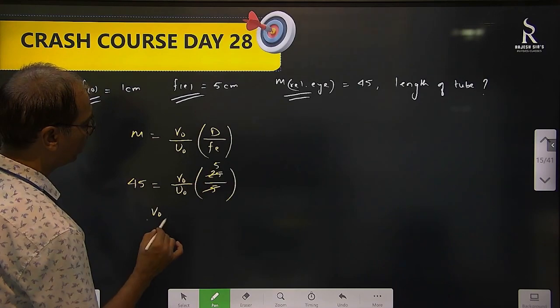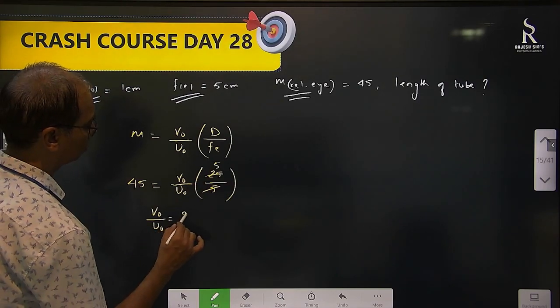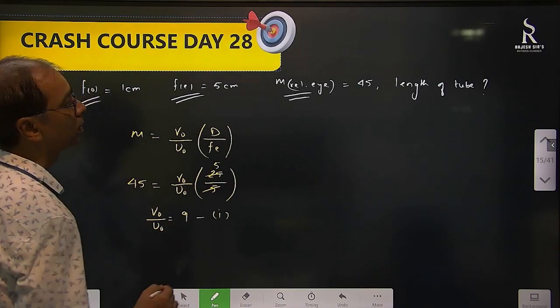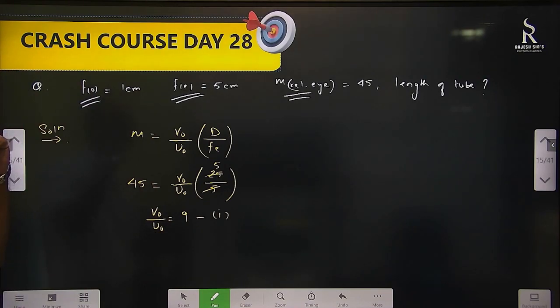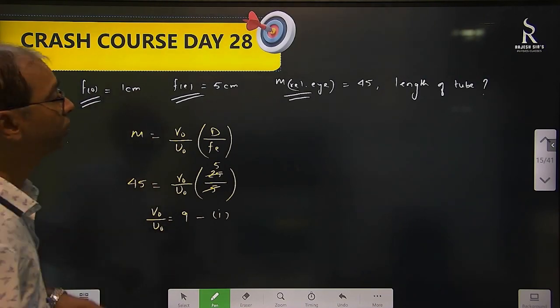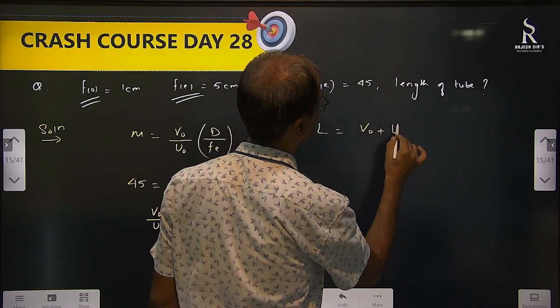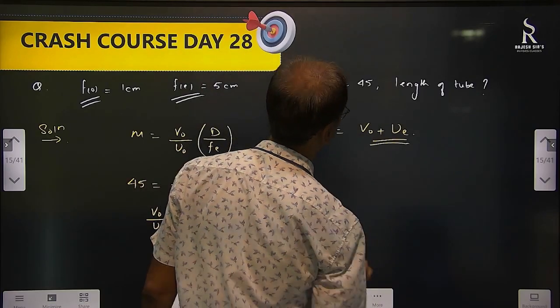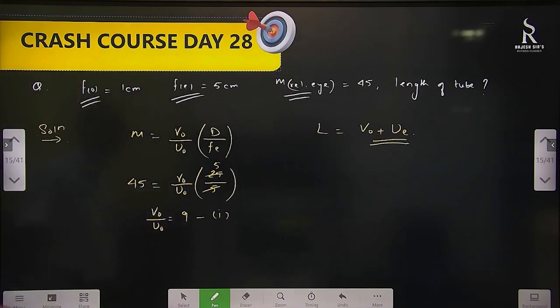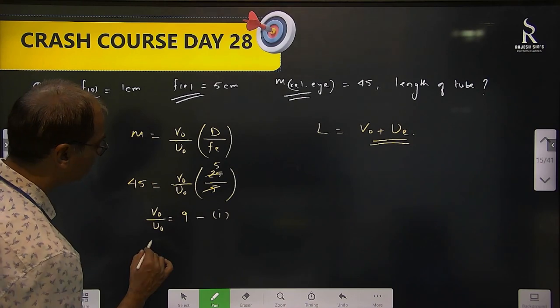So V naught by U naught equal to 9 we know. This information we have. Okay, then length of the tube he is asking. Length of the tube is what? V naught plus U e. Okay, and here V naught by U naught we have. That means V naught equal to 9 U naught.